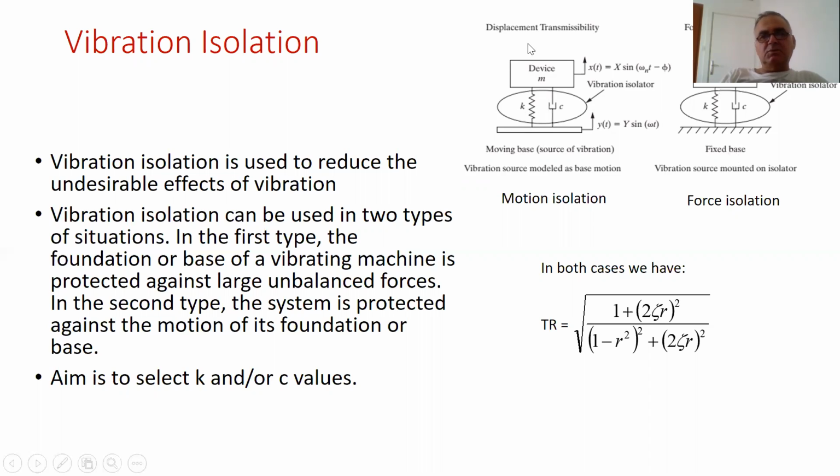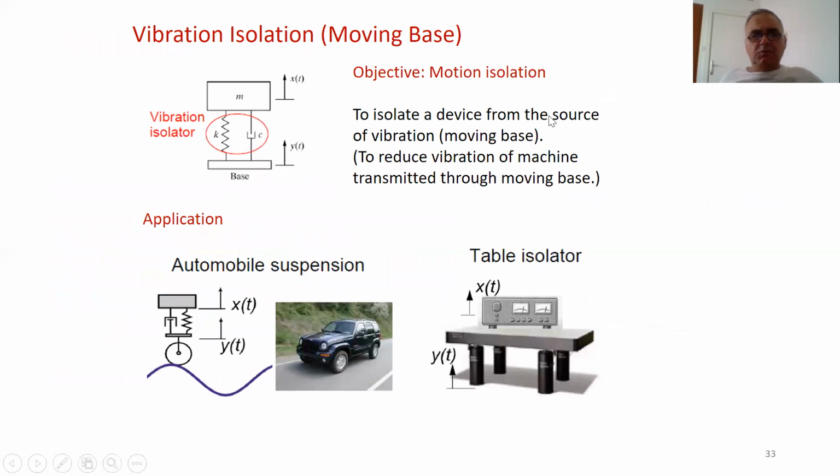So there are two cases which we will see. In both of them, we try to design the spring and the damper so that the vibration is, well, kind of minimized. In the first problem, we have a moving base, and we want to isolate our main device, which is this mass, from the base vibration.